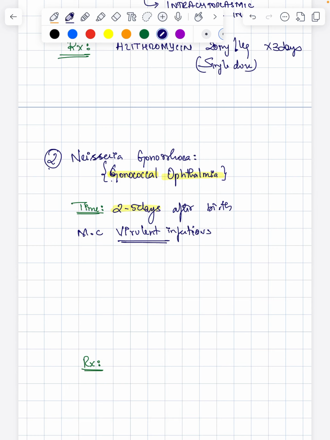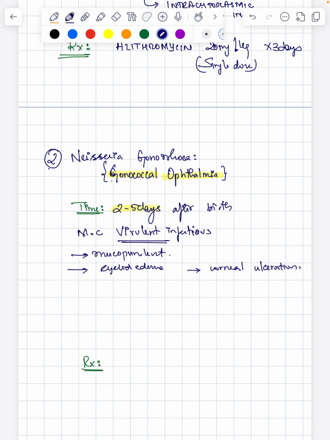Here also there will be a mucopurulent discharge, and severe eyelid edema will be present, and your corneal ulceration. This corneal ulceration will be very severe, that it can lead to blindness of the child.